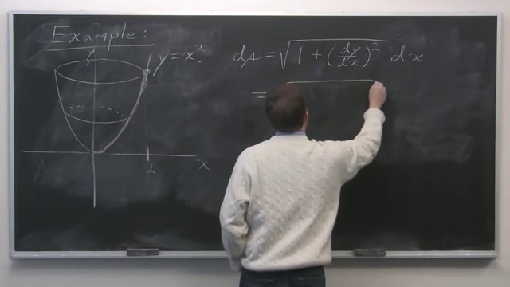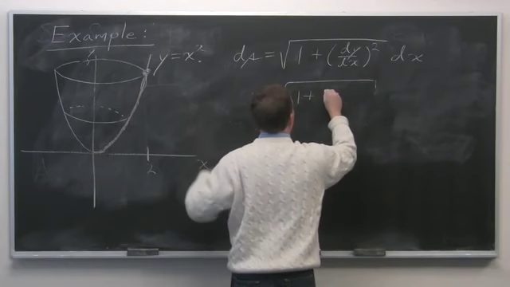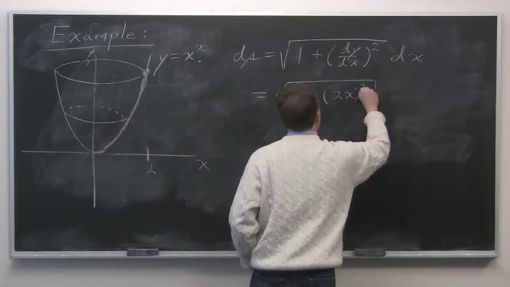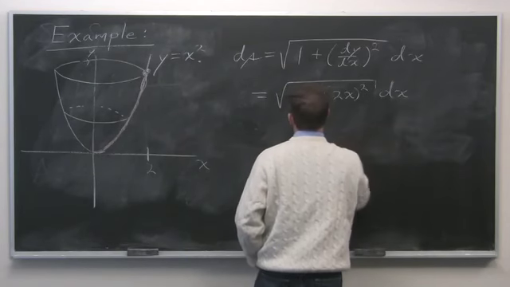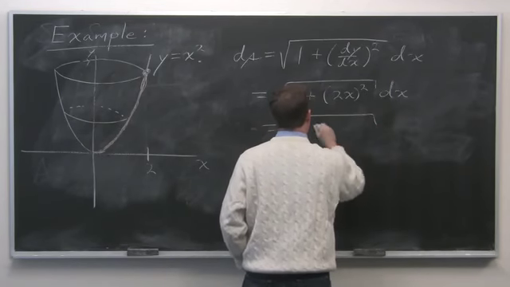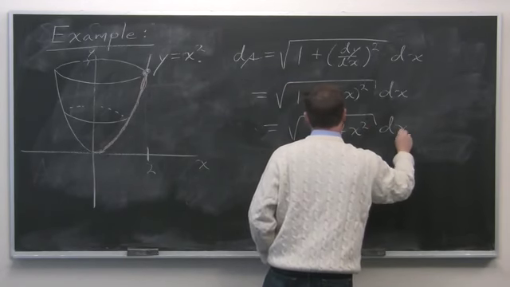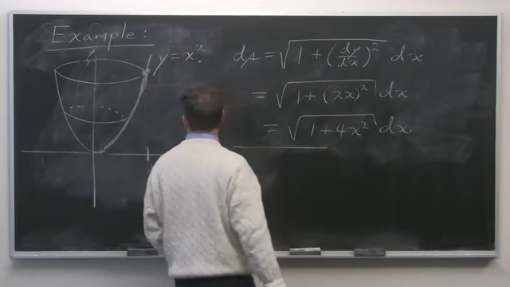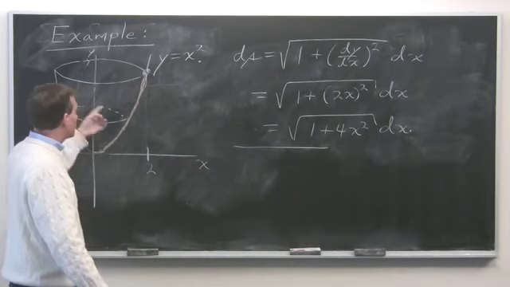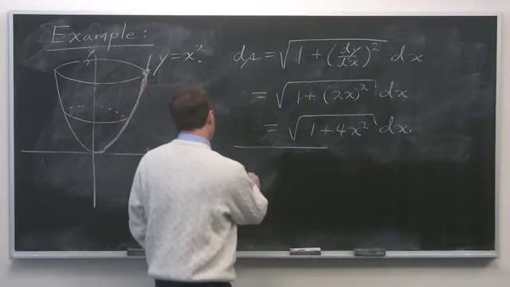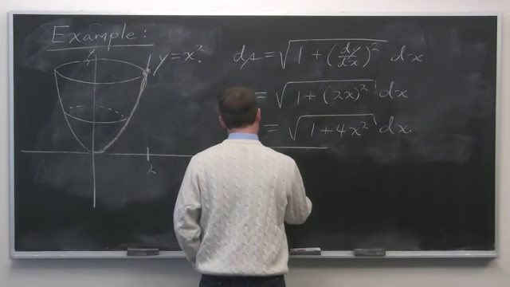And so it's the square root of 1 plus 2x quantity squared dx. So it's the square root of 1 plus 4x squared dx. Okay, that's ds, a little piece of arc length of this curve that we're rotating to generate the surface of revolution. So what's the area of the surface of revolution?